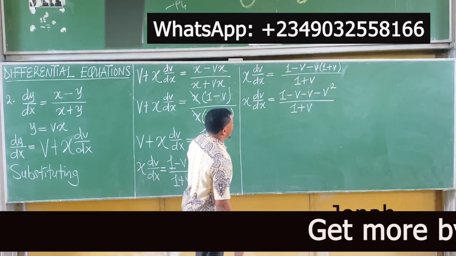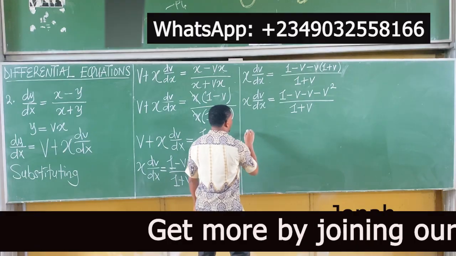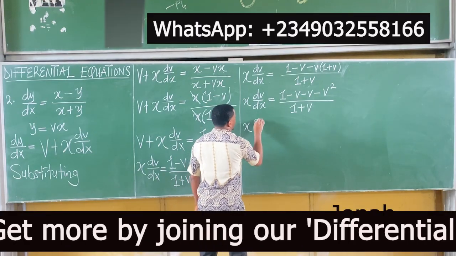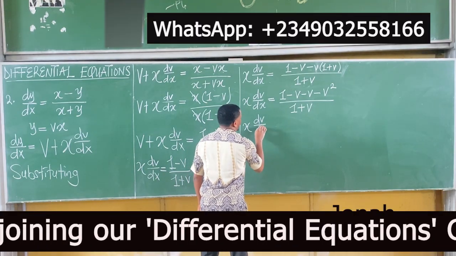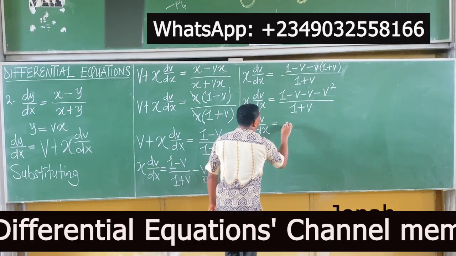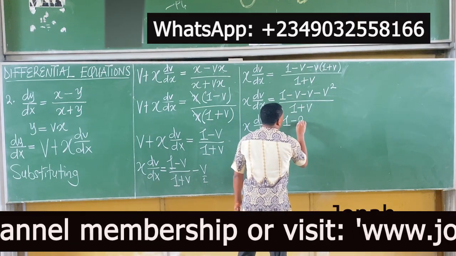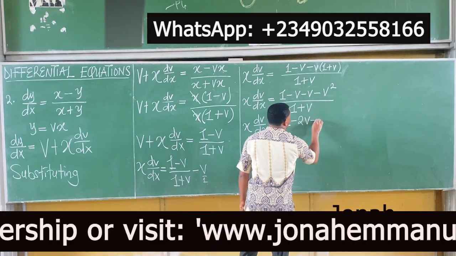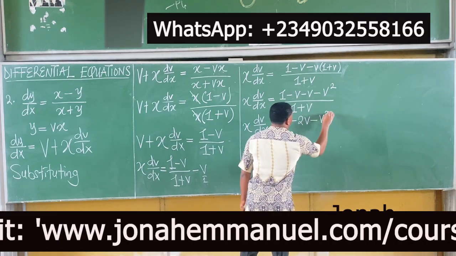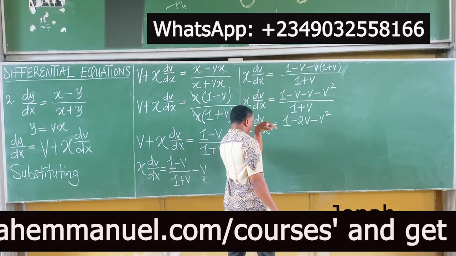Now, proceeding from here, this will give you x dv/dx is equal to 1 minus v minus v, which gives you minus 2v, minus v squared. So you have this.